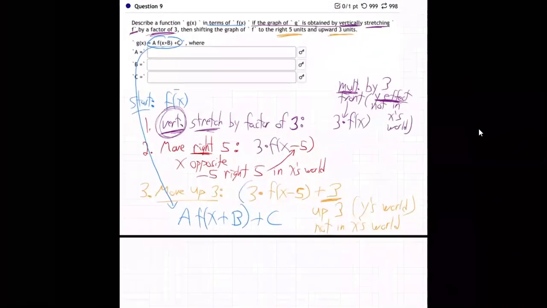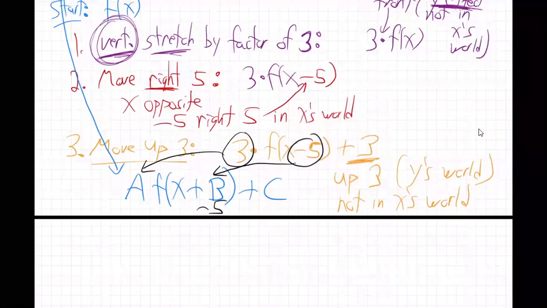Well, 3 is the a. Minus 5 is the b. Yeah, but it's adding. Well, it's adding a negative 5. That's the same thing as subtracting 5. Right? You with me? Adding negative 5 is exactly the same as subtracting 5. And then this plus 3, that's c.